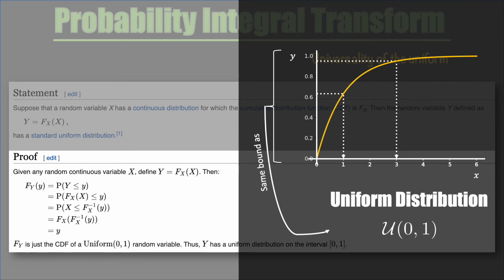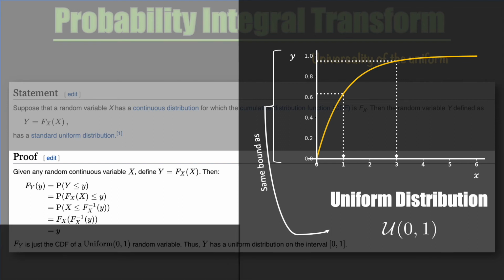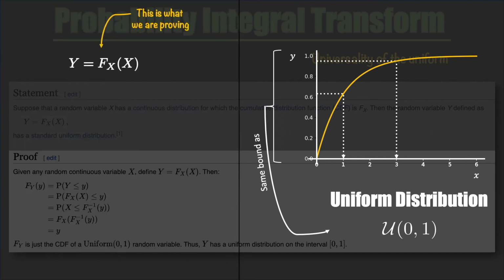Fortunately, not a page-long proof, and just a simple arrangement and rearrangement that will lead to the proof. But let me do this proof one line at a time so that you can clearly see what is happening here. What we are really proving is that if we apply the CDF to a random variable, it results in a uniform distribution, shown using this statement.